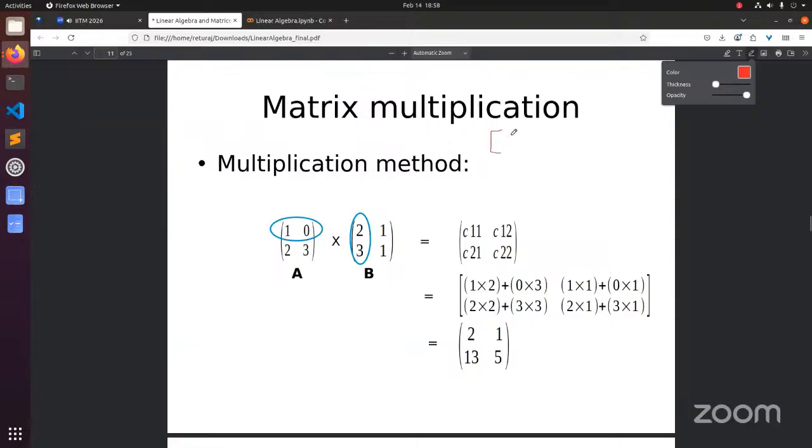Now tell me what is the value of 1, 0 cross multiplied with 1, 0?